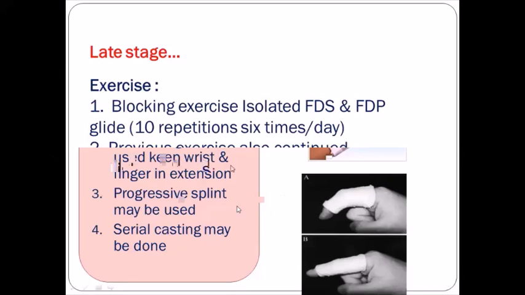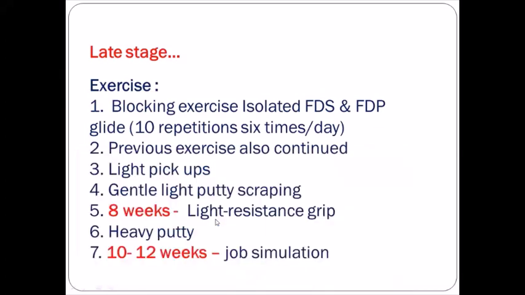Then the previous exercises will be continued. You can recommend the patient light pickup activities, and at 8 weeks you can go for light resistance exercises with the grip, and between 10 to 12 weeks the patient can return to the job.